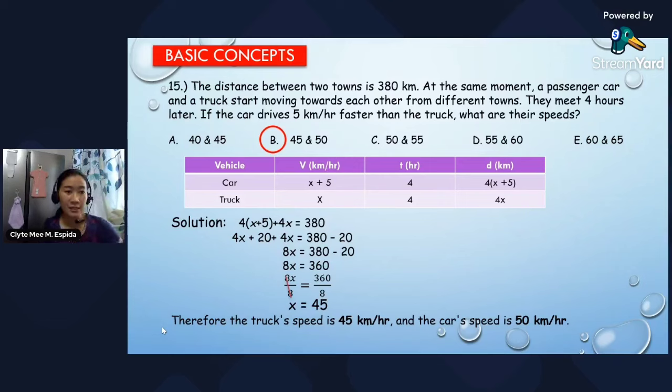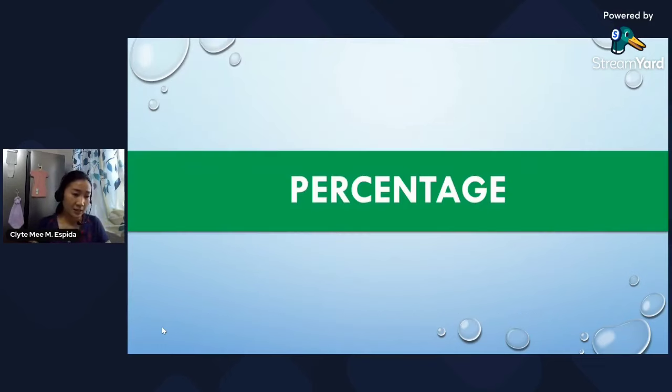Okay? So let's proceed with our next topic. Basic concepts pa lang po yun, yung common. So let's have yung pinakamarami sa quantitative reasoning sa math, is percentage. So let's have percentage. Or do you want a break?